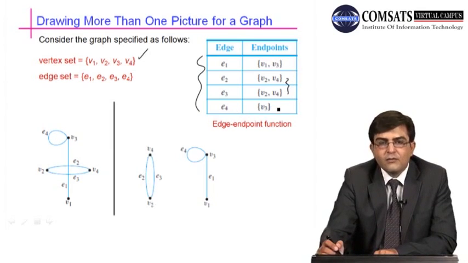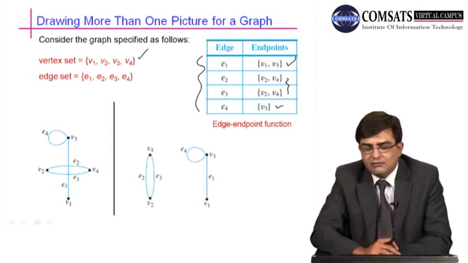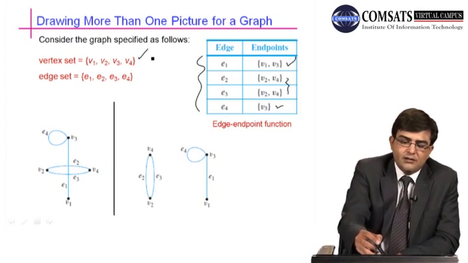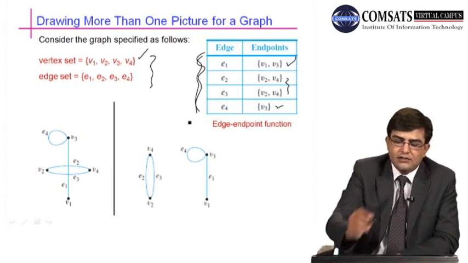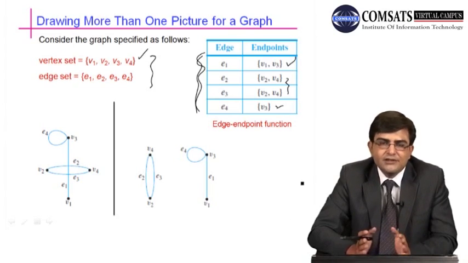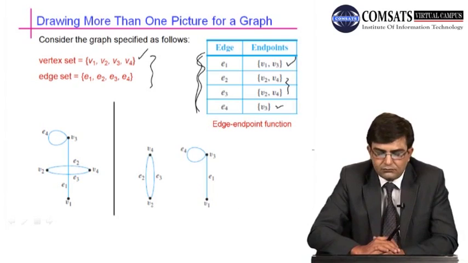E4 is V3, so this is a loop. Now using this information, the vertex set, edge set, and the edge endpoint function, we can draw more than one picture as a graph.